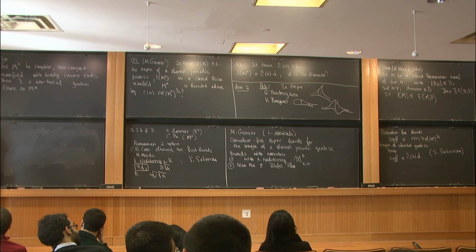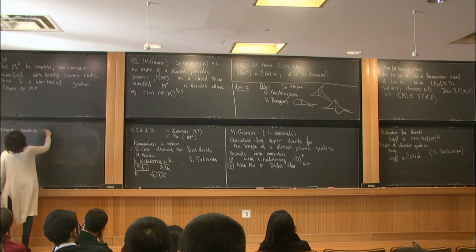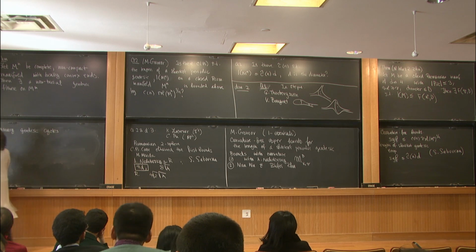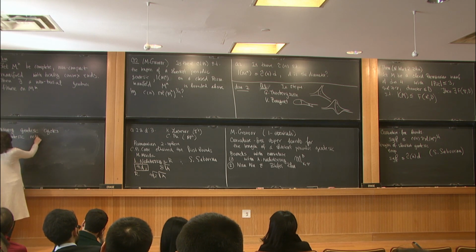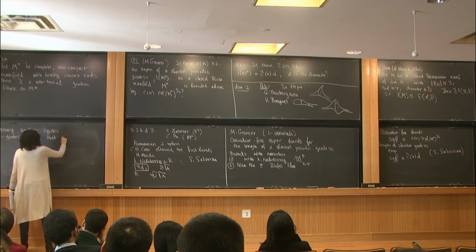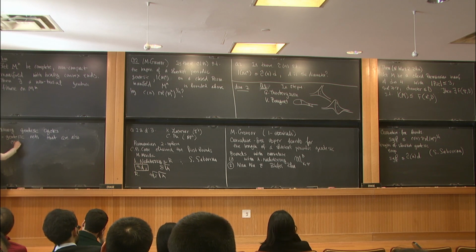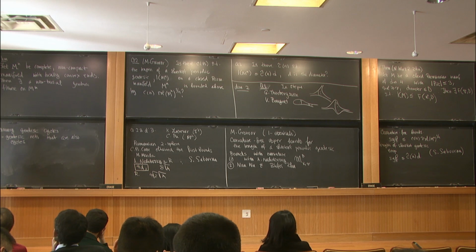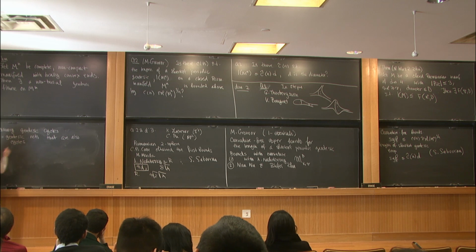Okay, so stationary geodesic cycles. Those are geodesic nets that are also cycles. Let me just remind you briefly what geodesic nets are. Alex discussed them last week, but I'm going to briefly give the definition.